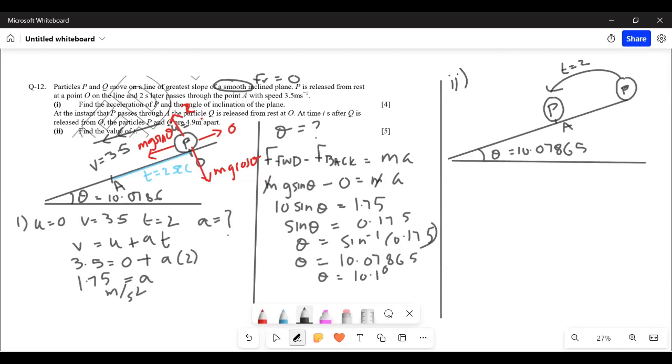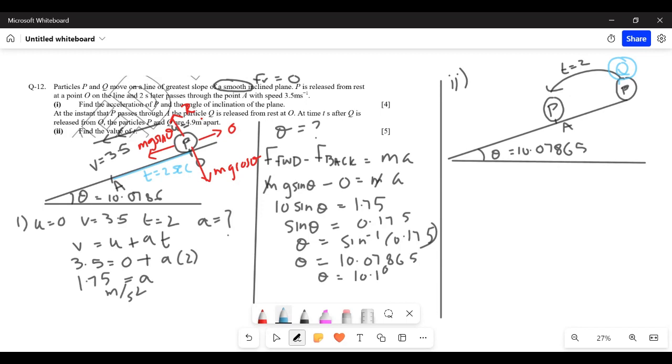At the instant that P passes through A, particle Q is released from rest at O. So now this is a particle Q that is released. Let me draw the particle Q, let's say behind it. So it's right there in place of P, but since there is no space, I'm drawing it above it. But actually it's where P was earlier. Okay, so particle Q is released.